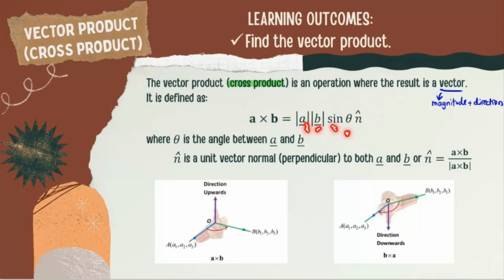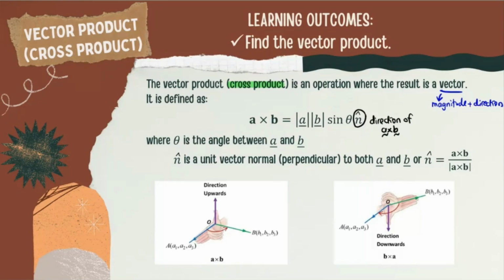This value is multiplied by n hat. N hat refers to the direction of our A cross B. In our working, n hat will not appear; it just tells us which direction A cross B points. Theta here refers to the angle between A and B.